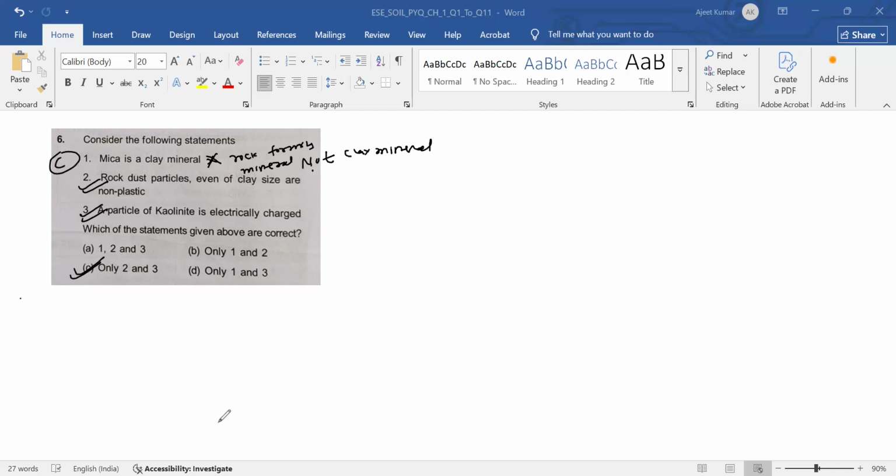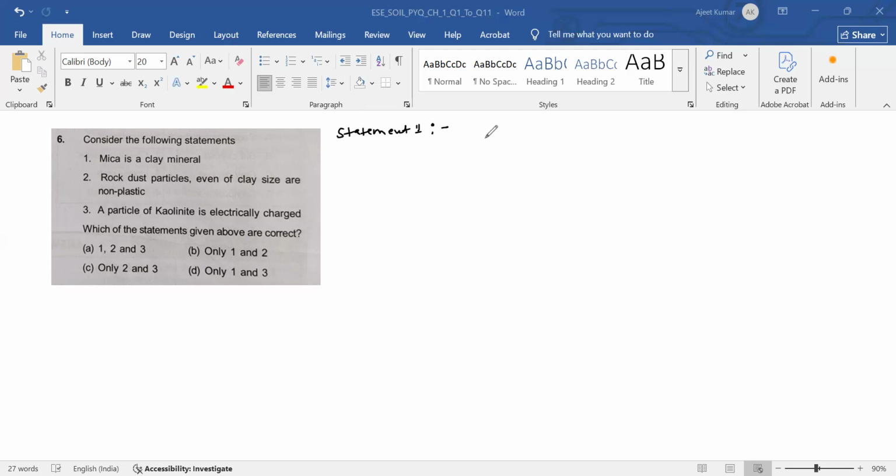So let me explain this in detail. Statement 1, what it says: mica is a clay mineral. No, this is not.